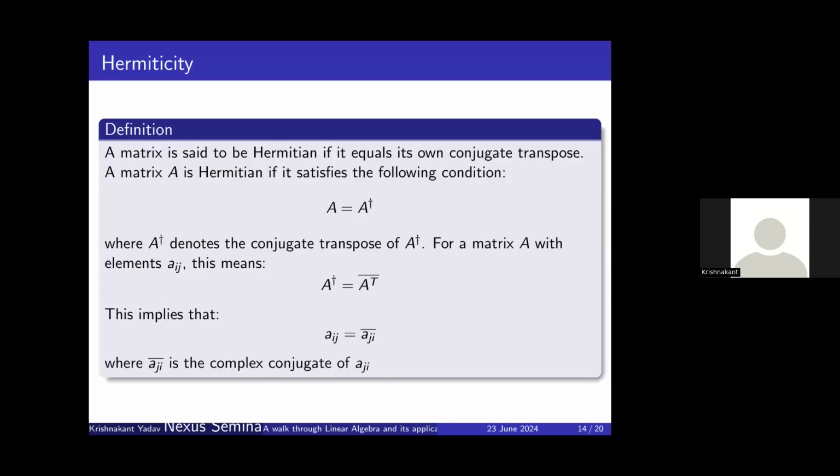Next, moving on to the property of hermiticity. A matrix A is said to be a Hermitian matrix if it is equal to its own conjugate transpose.